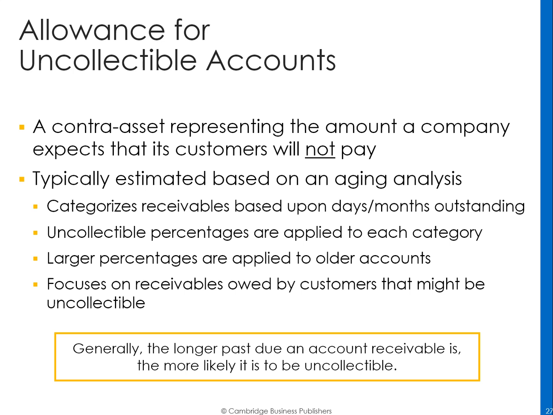So how do we estimate the allowance for uncollectible accounts? Generally speaking, the longer past due an accounts receivable is, the more likely it is to be uncollectible. So the more long past due accounts receivable we have, the larger the allowance for uncollectible accounts we should have.